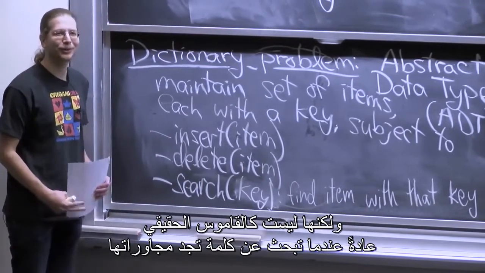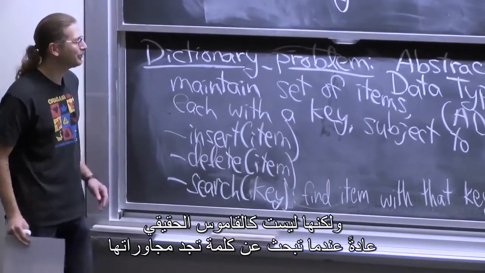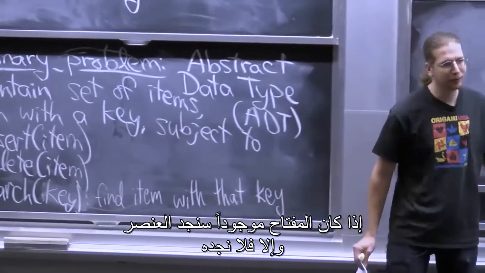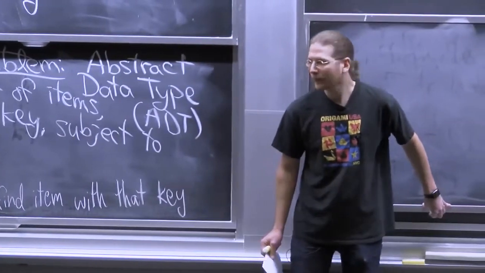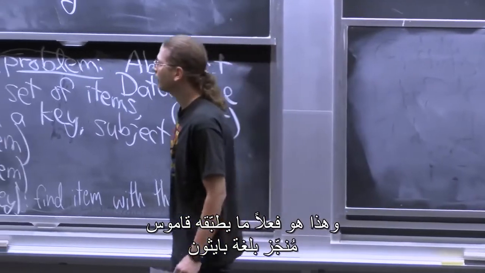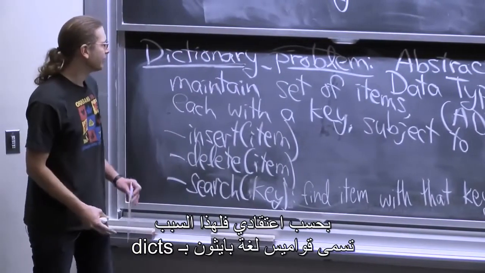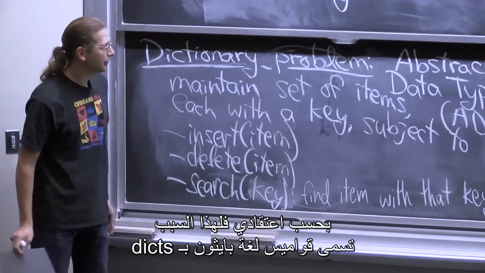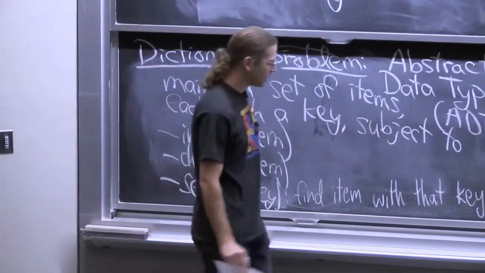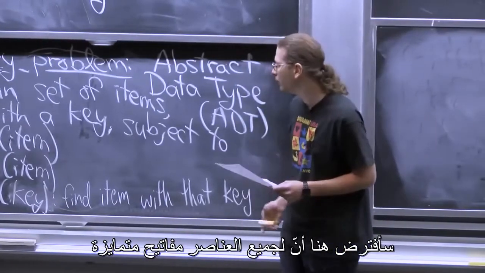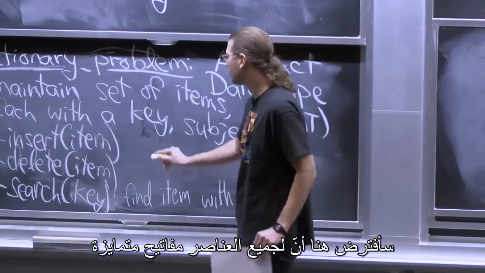That's unlike a real dictionary. Usually when you search for a word, you do find its neighbors. Here, we're just going to either, if the key's there, we find the item, otherwise not. And this is exactly what a Python dictionary implements. So I guess that's why Python dictionaries are called dicts. So today I'm going to assume all items have distinct keys.